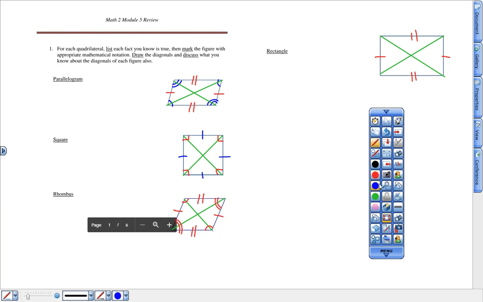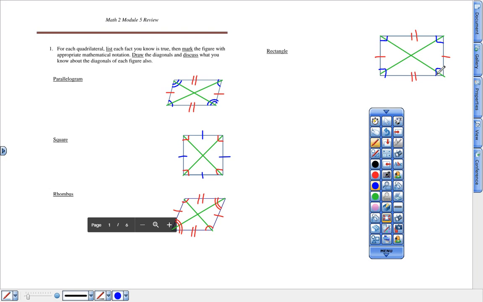Again, I'm not sure if there's a symbol to show that these two lines are parallel. But the proper marks, I believe, show equal sides and equal angles. A rectangle has all four right angles, just like a square.